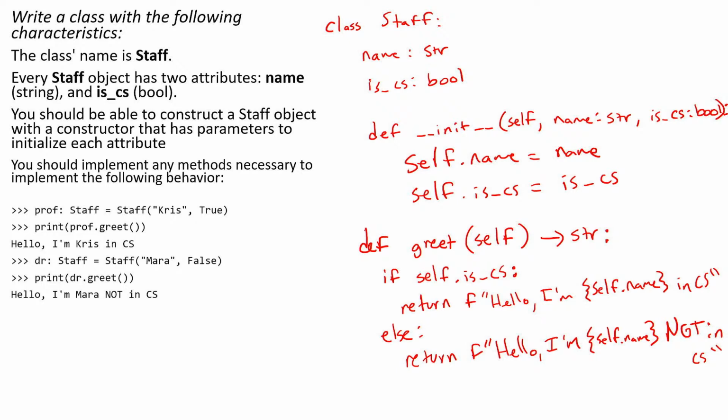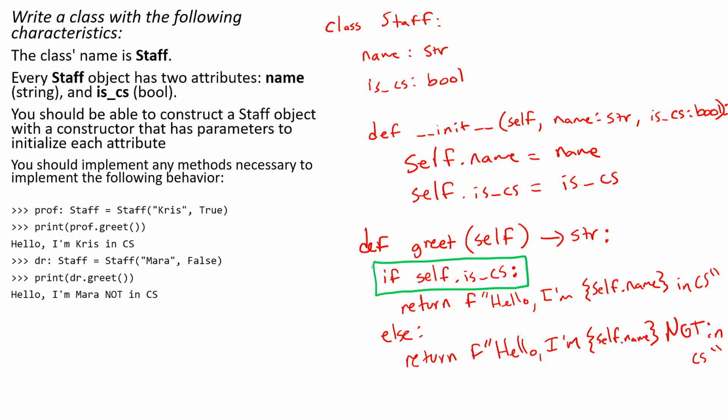Questions on, yep. So are we assuming that the default for the isCS tool is true, and that's why we don't say like if self.isCS equals true? Great question. So the question is about this line right here. And the question is, do we assume that self.isCS is true?